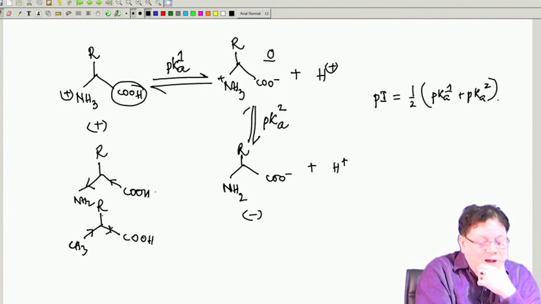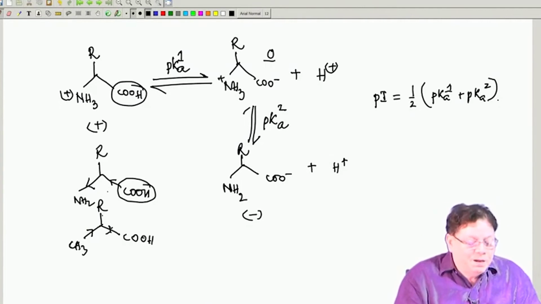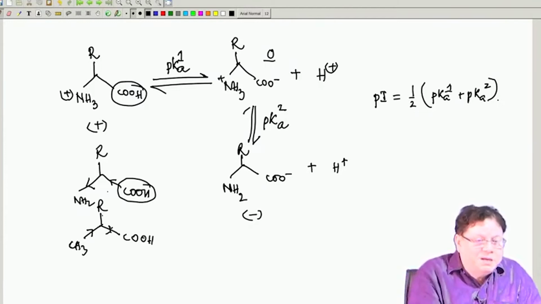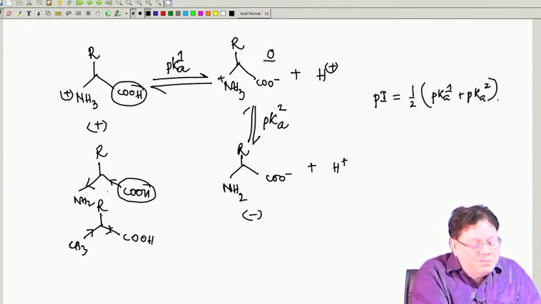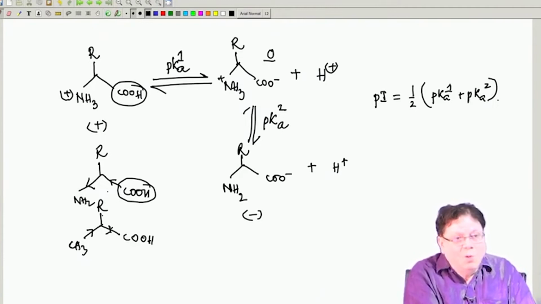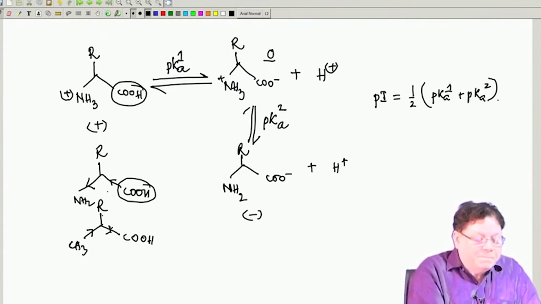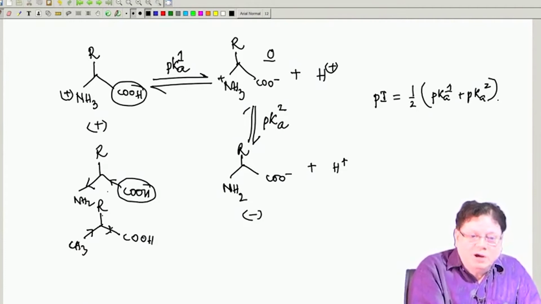So, what is the ultimate effect? The ultimate effect is that the pKa of the carboxylic acid will be lower than the normal pKa of, say, acetic acid or propionic acid, these types of aliphatic acids. So, in alpha amino acids, the carboxylic acid has a lower pKa, that means the carboxylic acid is a stronger acid.